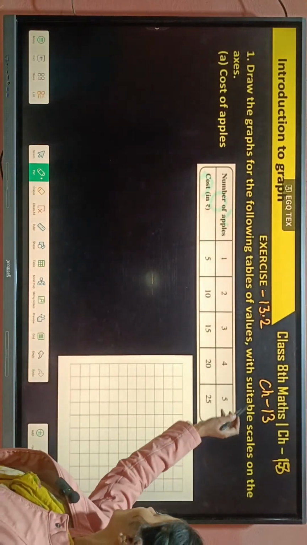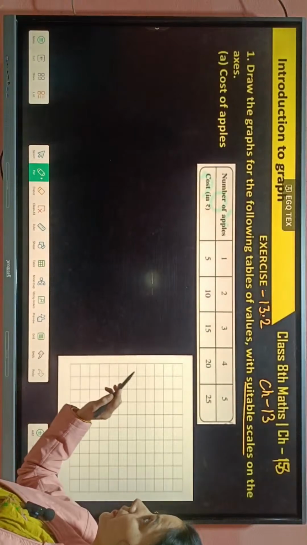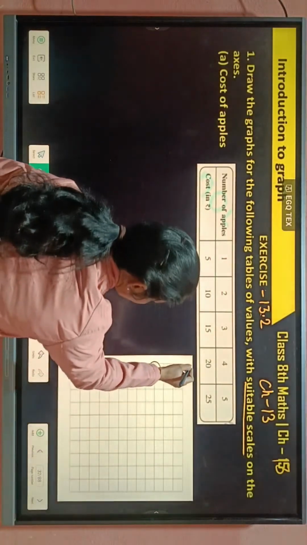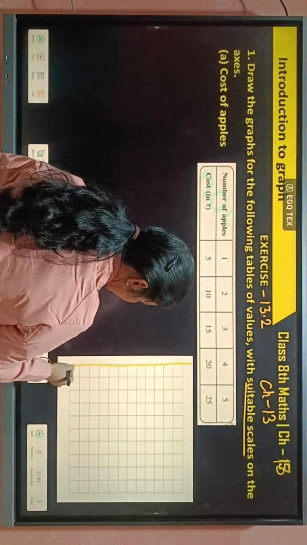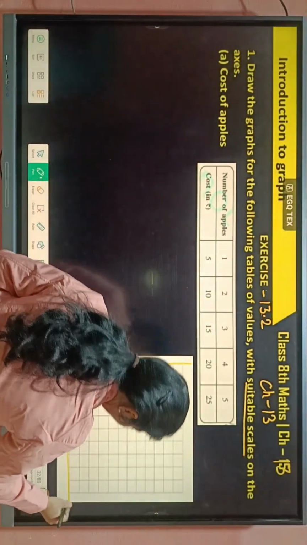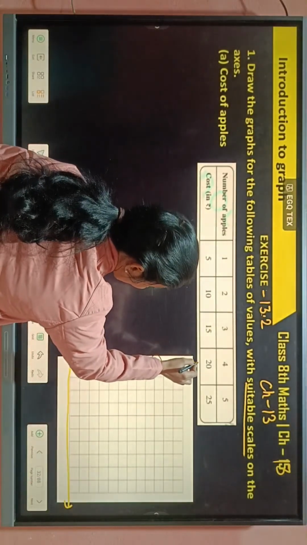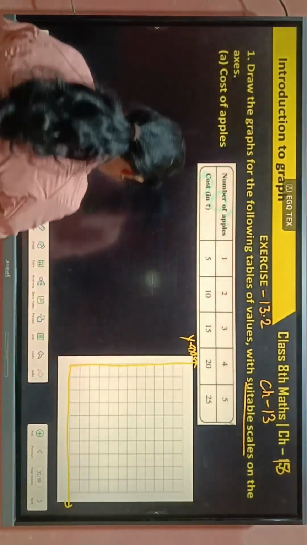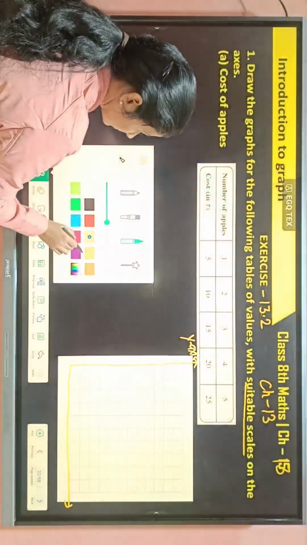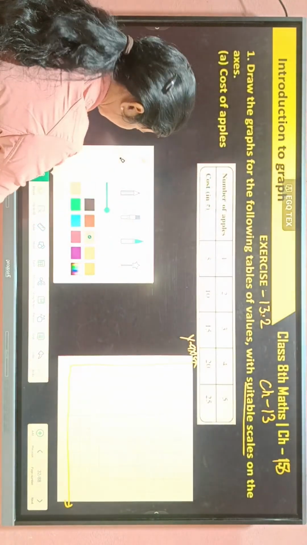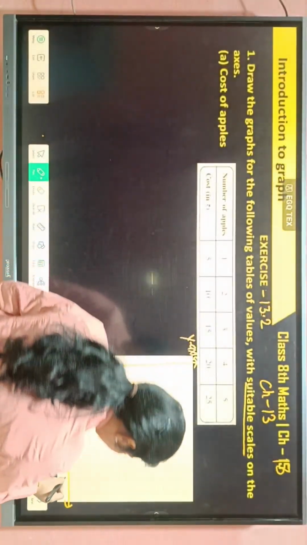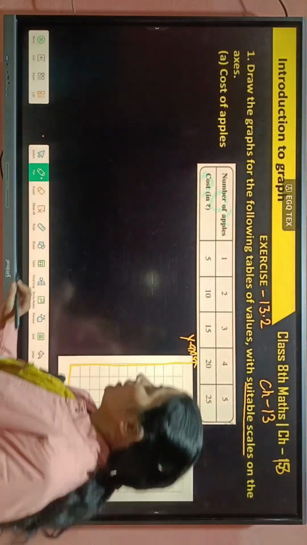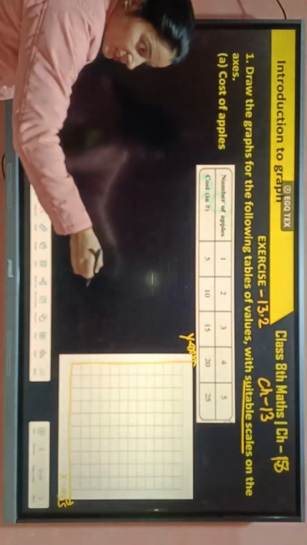We need to choose one suitable scale on graph. Let us see. One thing you have to keep in mind, this is y-axis and this is x-axis. There are two variables, x and y.